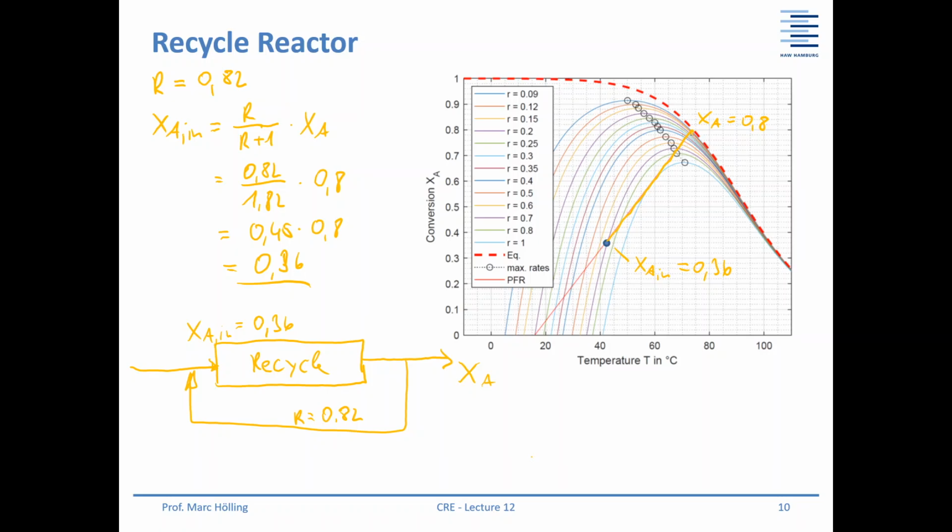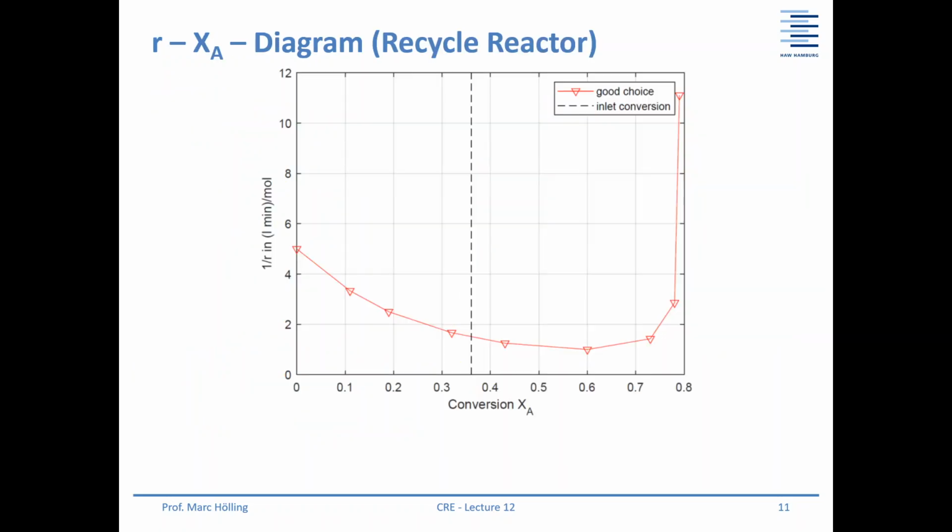Okay, and now again, how to construct your diagram. Basically you are just using these points here, and these are the same points that we already had before. So we can use the same 1 over R XA diagram, but we just have to make sure that here we have our XA 0.36. That's why I wrote it here, inlet conversion. So this is the value here.